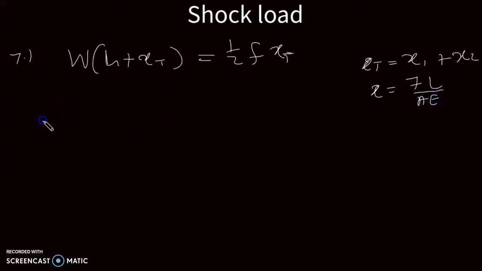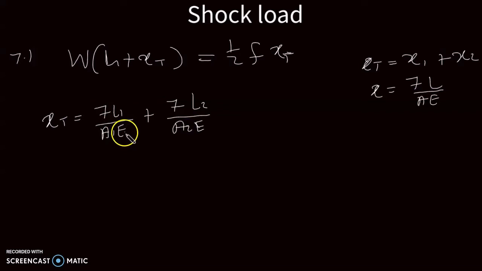So we are going to say the total extension is equal to FL1 divided by A1E plus FL2 divided by area 2 times E.